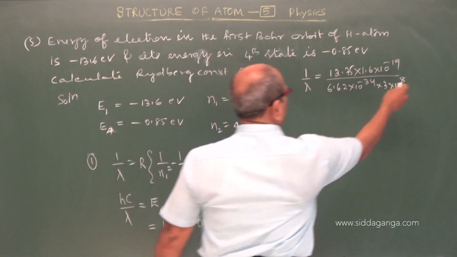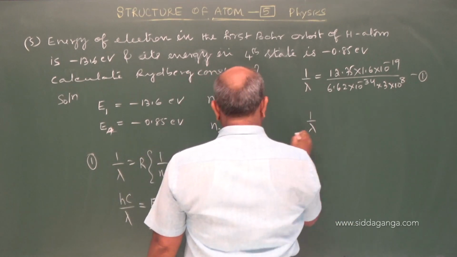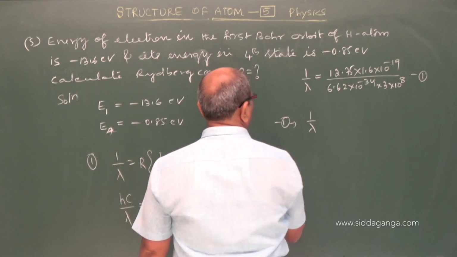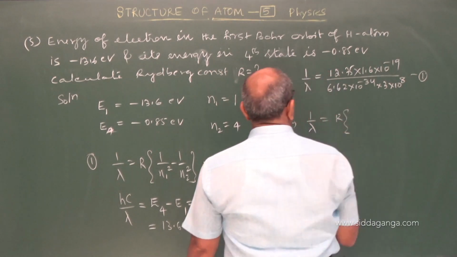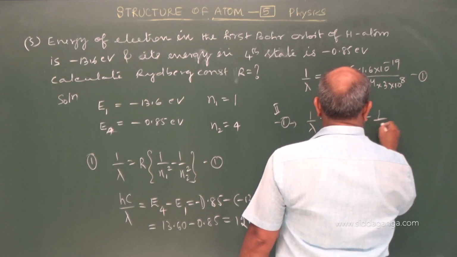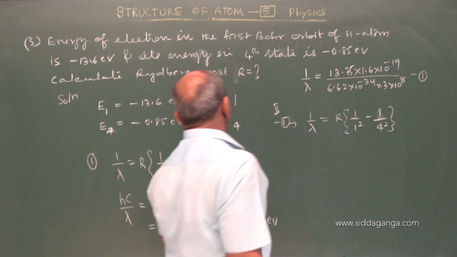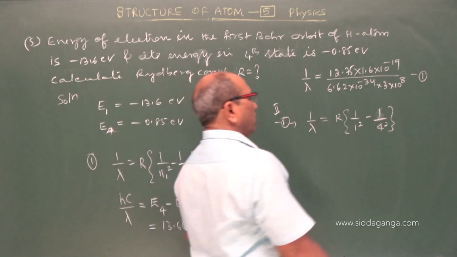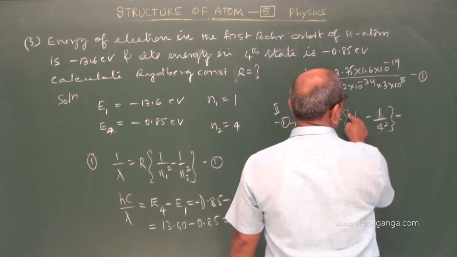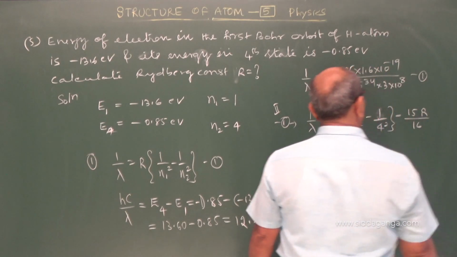If you want R, I keep it as it is and simplify later. So 1 by lambda is R into 1 by 1 square minus 1 by 4 square, because N1 and N2 are 1 and 4. This becomes 16 minus 1, which is 15R by 16.